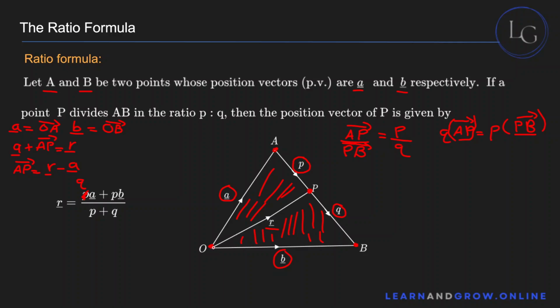is equal to OB or b. So what that means is that r plus PB is equal to b. Now, since we need to find PB, PB is equal to b minus r.